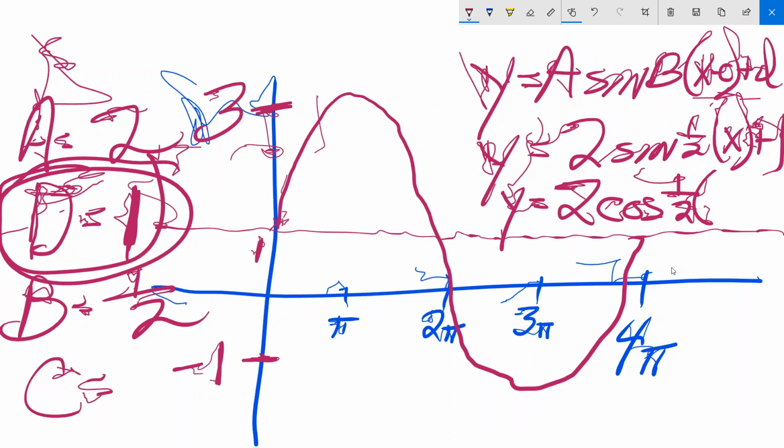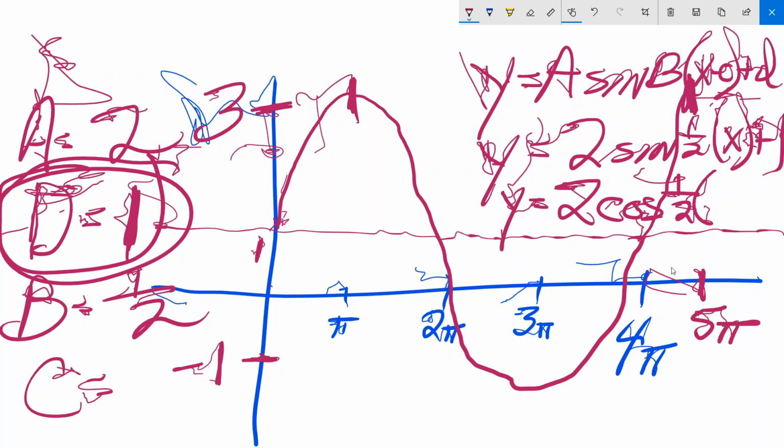if I want this to be a cosine curve, it's got to start right there and end right there, right? You can see that its period is still going to be 4 pi. Instead of going from 0 to 4 pi, it's going to go from pi to 5 pi.